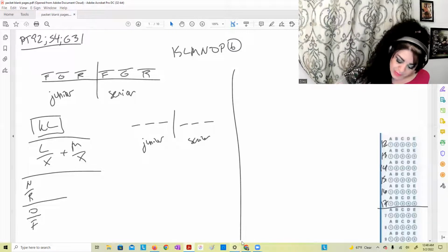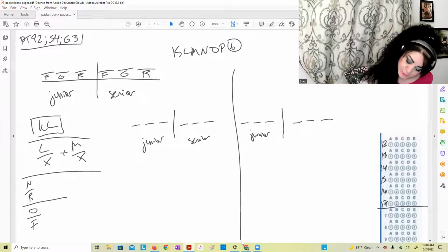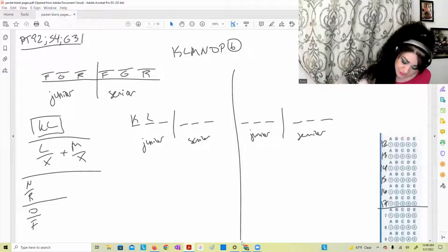I'm going to create 2 possibilities, 2 general templates. In one of them, we're going to have K and L over here, and then M will have to be in the other group. And then we can also have K and L over here, and M will have to be in the other group.